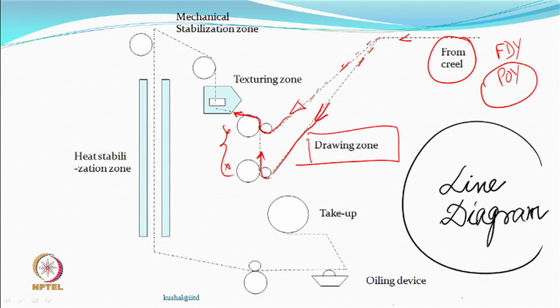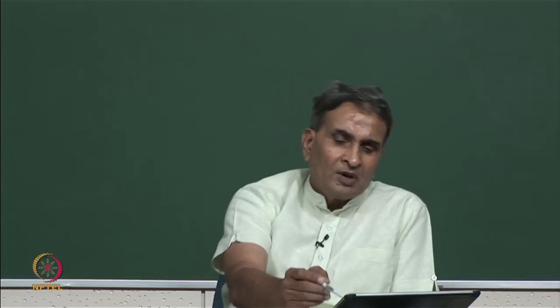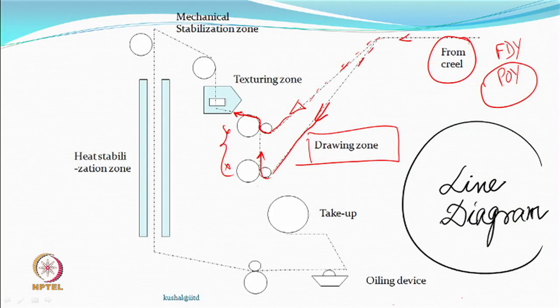Can we think that we will be able to do simultaneous draw texturing as well? Can we think or design a machine where instead of sequential draw texturing, which is the case which has been shown here, that if you have a POY, first you take it to drawing zone, then draw and then feed it to the texturing zone.